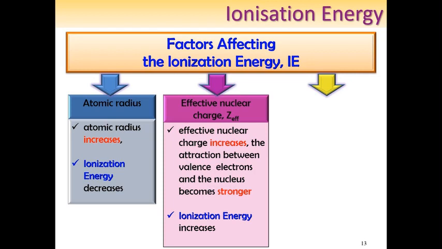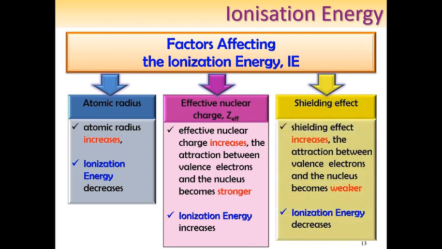But the trend is reversed down a group, because the principal quantum number becomes larger. This leads to the third factor, which is the shielding effect. Even though the number of protons in the nucleus increases as we go down a group, it is still easier to pull out the outermost electron from the last element in the group.